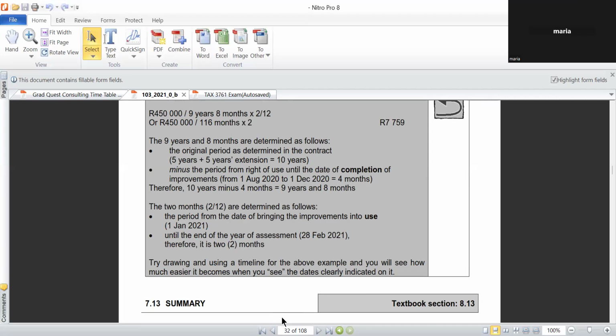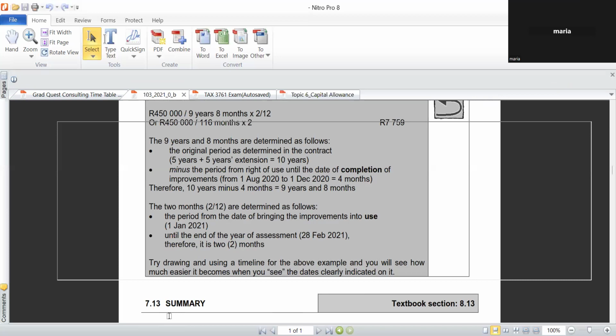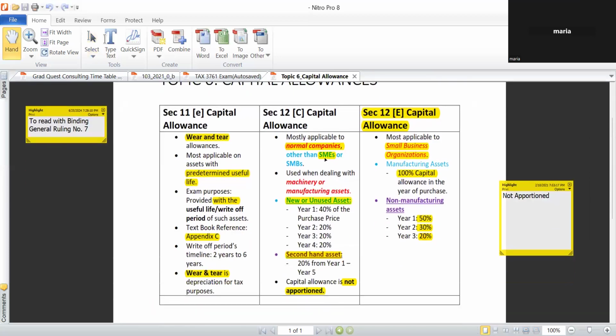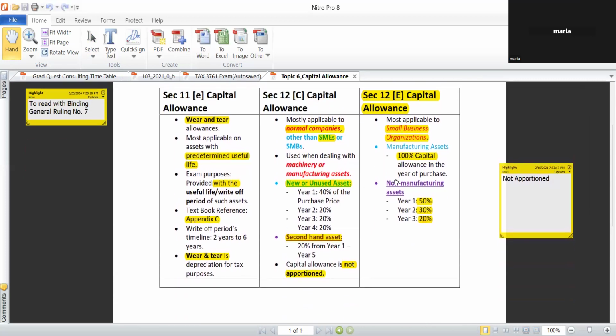So I'm going to quickly open the notes on capital allowances that I discussed with you last week. Right, so these are your notes on capital allowances that we looked into last week.